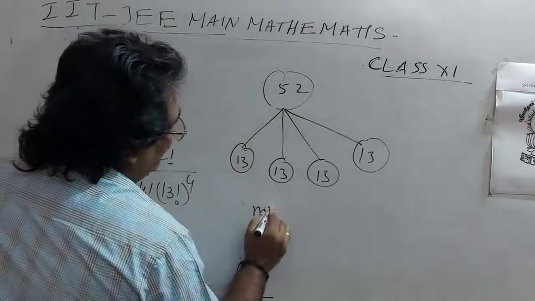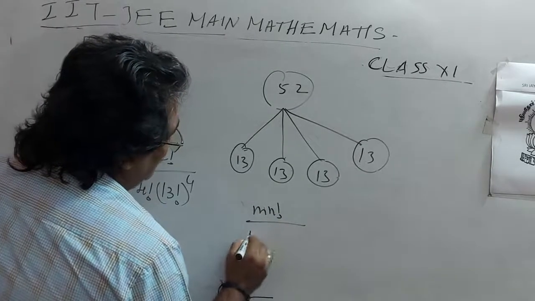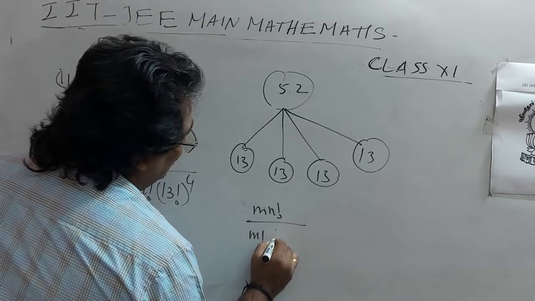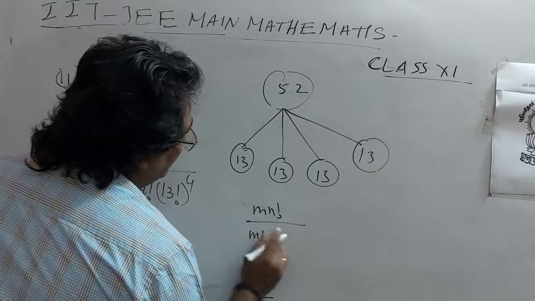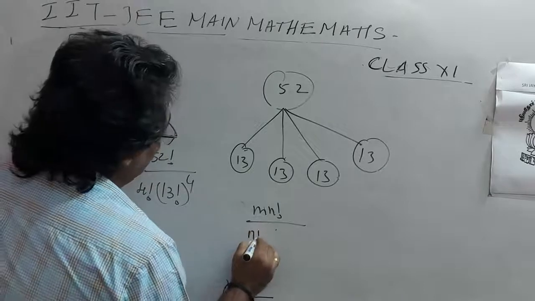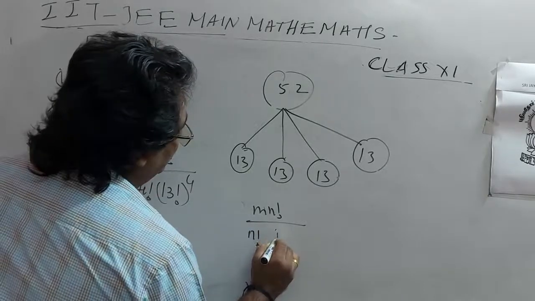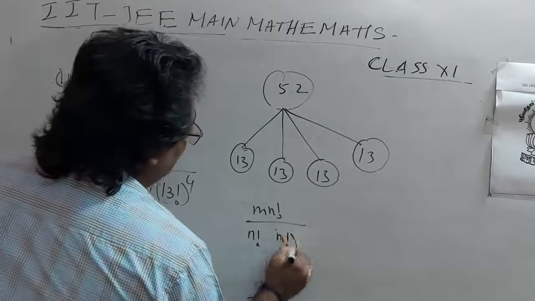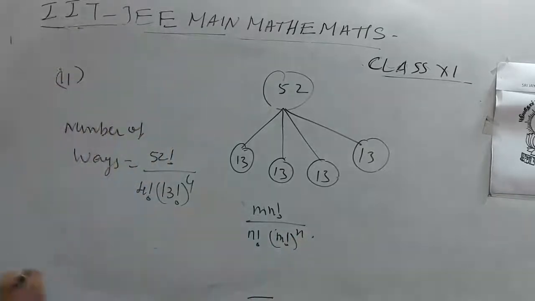That is mn factorial by m factorial into n factorial power m.